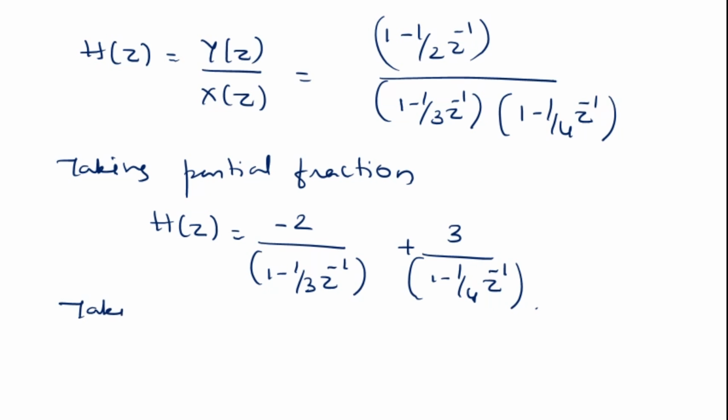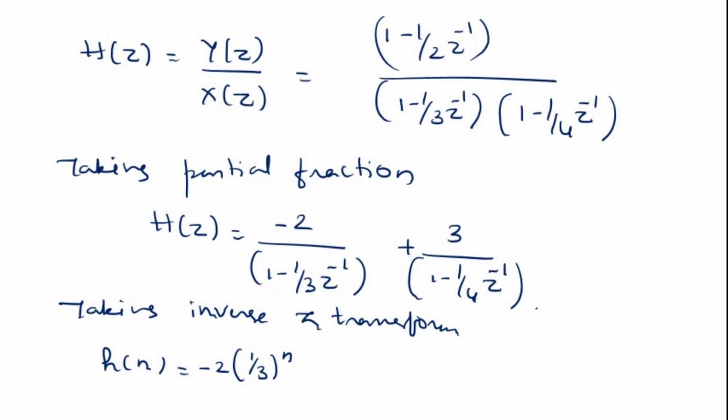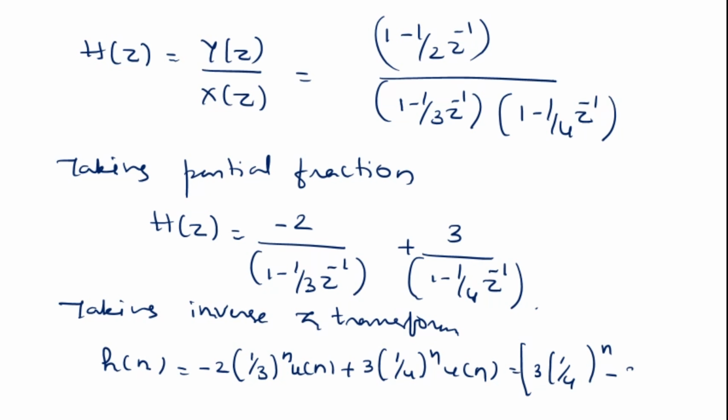And taking inverse z transform, we get impulse response h of n is equal to minus 2 into 1 by 3 to the power n into u of n plus 3 into 1 by 4 to the power n into u of n, which is equal to 3 into 1 by 4 to the power n minus 2 into 1 by 3 to the power n into u of n.